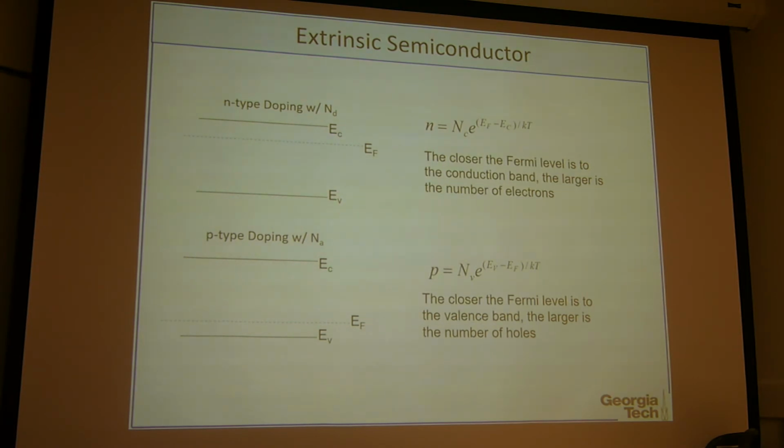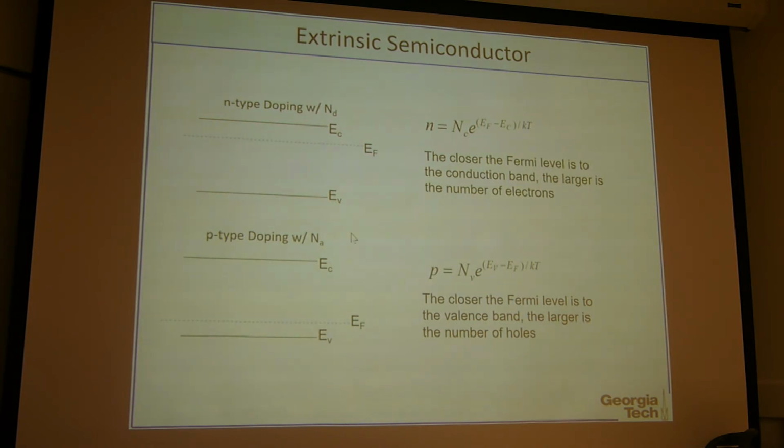Yeah, close to the conduction band. From this equation, if you want higher n-type doping, that means you will have more electrons, n is large. If n is large, you want to minimize the distance between EF and EC, because this is a negative term. You want to minimize this to get a larger n. So that means EF will be closer to EC.